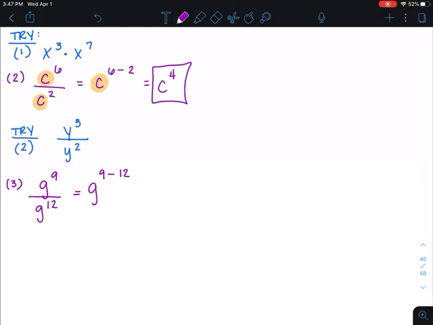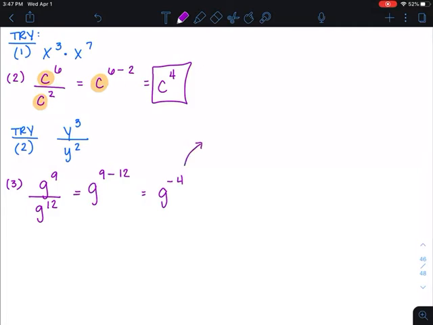You have g to the 9, so top minus bottom. Do not do the bigger number minus the smaller number. It is top minus bottom. Okay? And 9 minus 12 is negative 4. But you do not want to have negative exponents. You only want to have positive exponents.